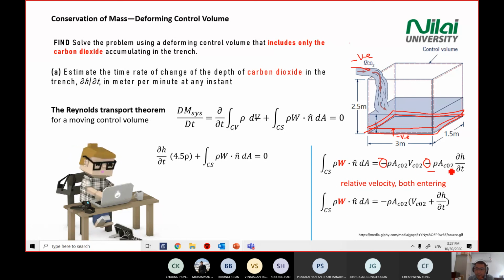At the end, we can simplify the second term of our equation: the integration over the control surface of rho W dot n hat dA equals negative rho A CO2 times V CO2 plus del H over del T. You multiply this because we carried the negative sign outside already.